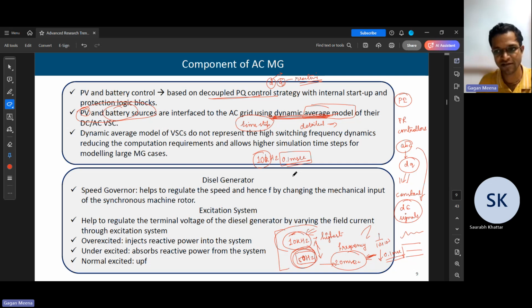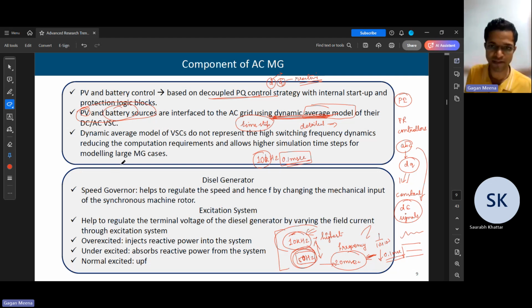And to reduce this, if we are not even concerned about the transients, we can go for the average model. And here we will be able to see the steady state behavior, and we can also work with a larger time step, which will solve the model quickly. That's why we use the dynamic average model.